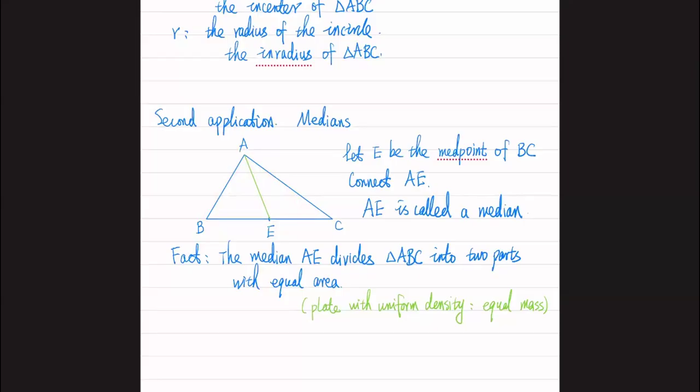Amy, what do you say? Because their base is the same since BE equals CE, and they also have the same height. And if you divide them by 2, it's okay.